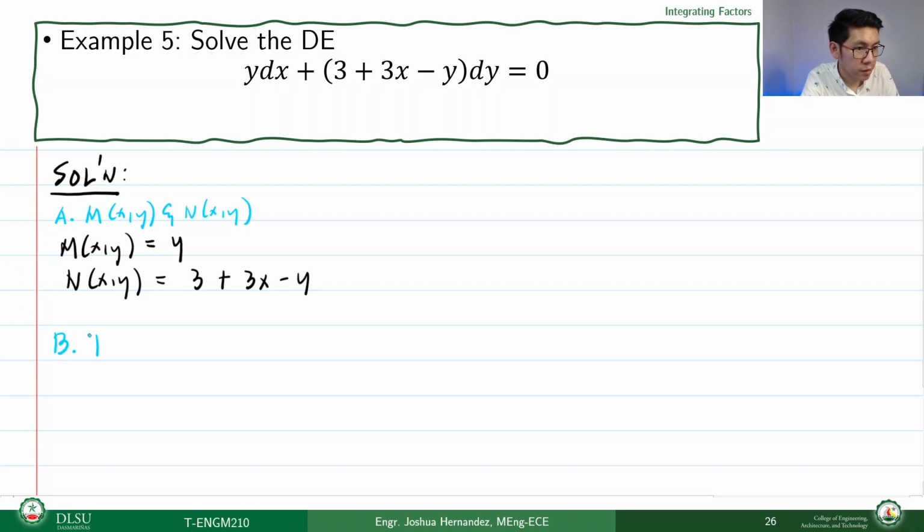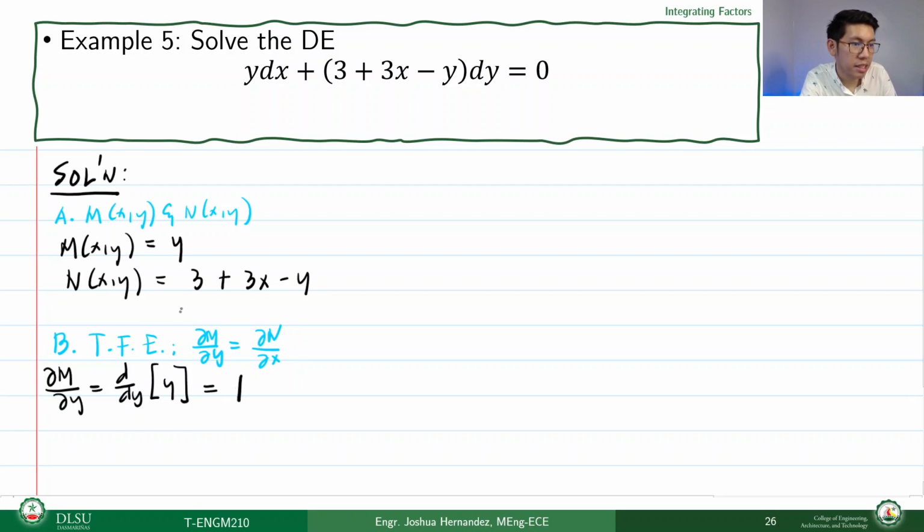So, next is to test for exactness. And that is by satisfying the partial derivative of M with respect to y equals partial derivative of N with respect to x. So, partial derivative of M with respect to y gives us the derivative with respect to y of the function y. Dali, di ba? Equals to 1.